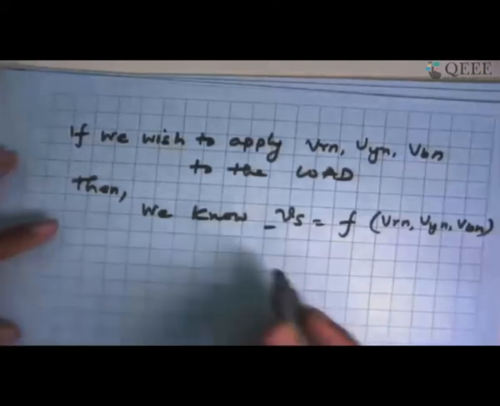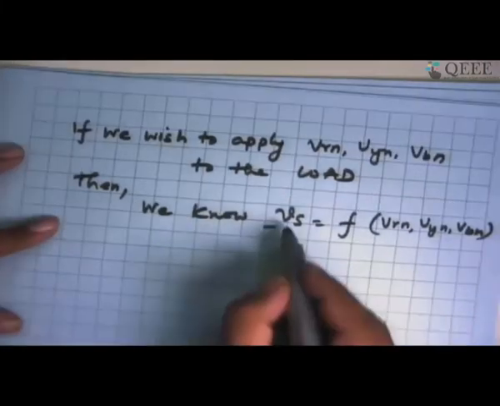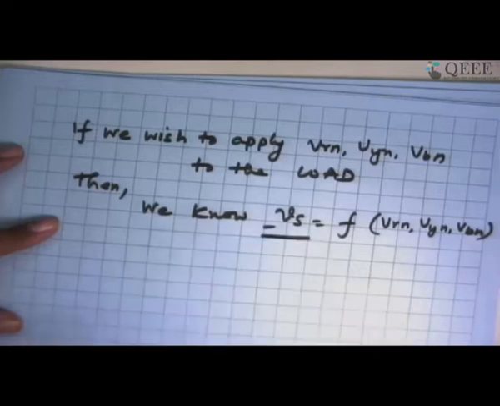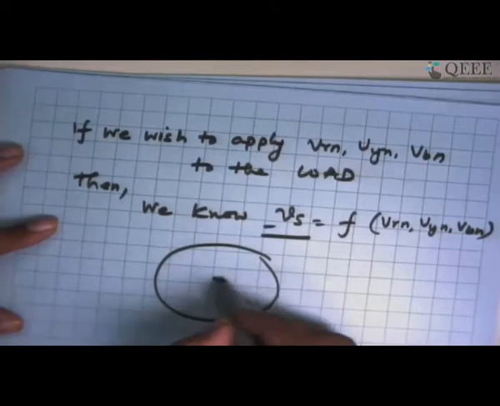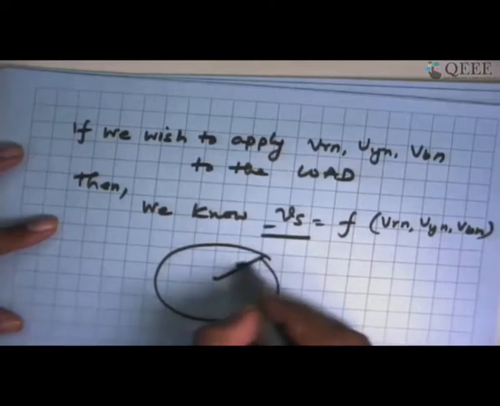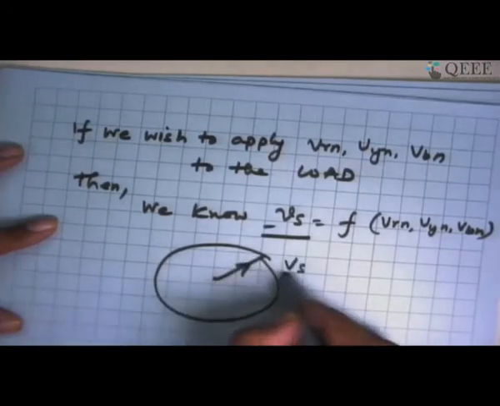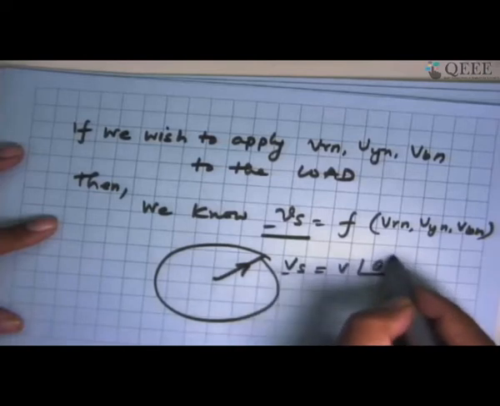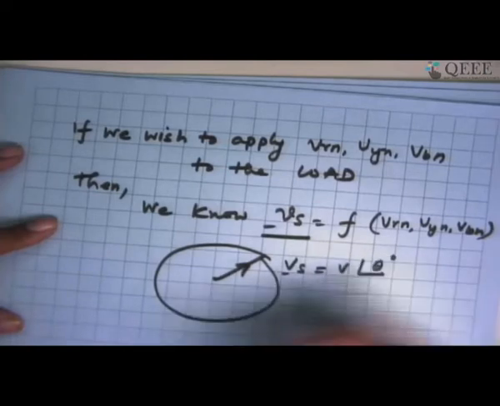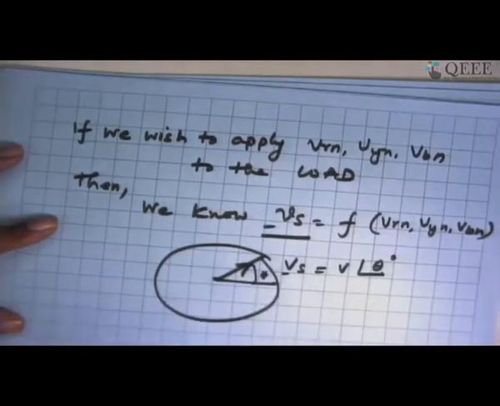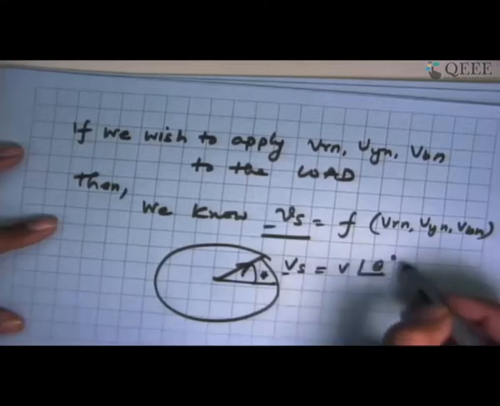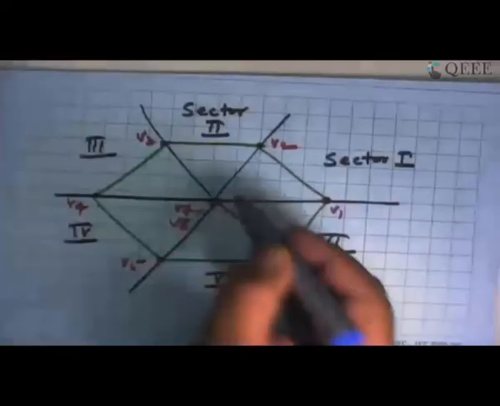So what is Vs? Vs is a rotating vector. So let us try to plot this here.